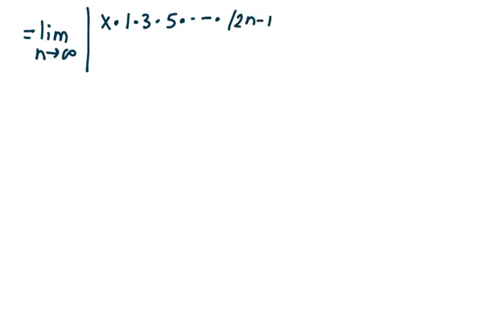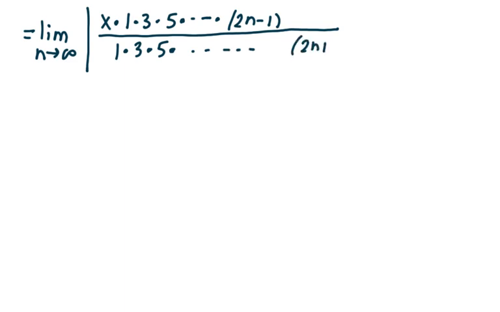And so over here, I'm going to get the limit as n goes to infinity of the absolute value of x times 1 times 3 times 5 all the way through until 2n minus 1 divided by, and then on the bottom, I get 1 times 3 times 5 all the way through until 2n plus 1.